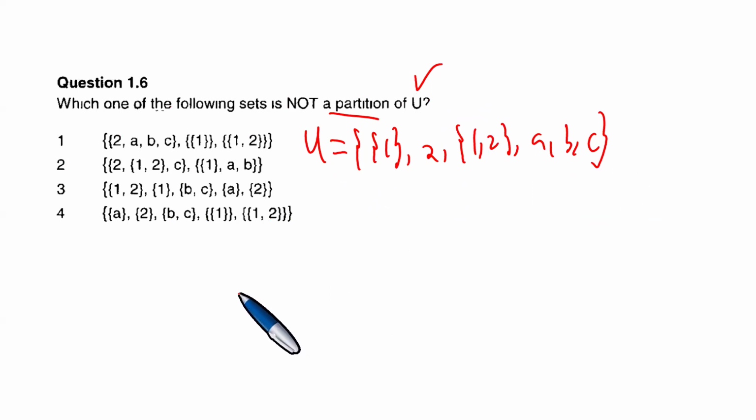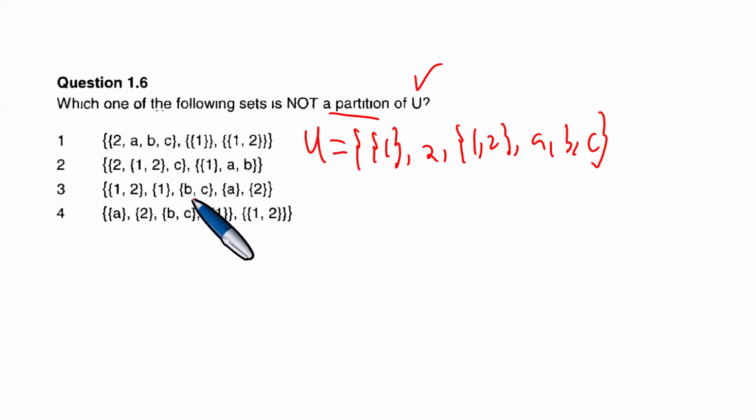Then we need to look very carefully and realize which set would not be a partition. You would realize that the set here contains 1, 2, it contains 1 as well, 1, 2, 1, it contains BC, which does not appear in U. So this set here cannot be a partition.